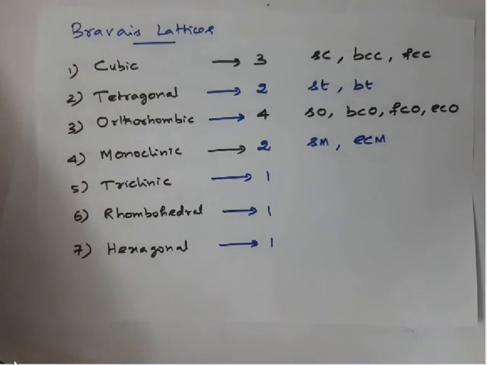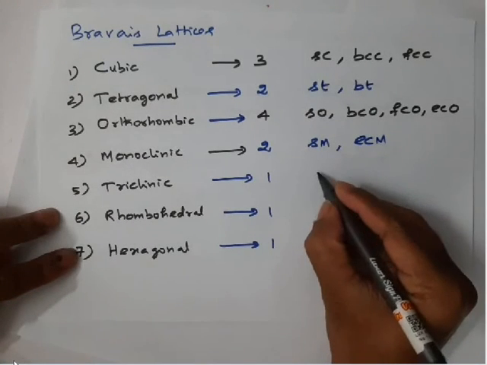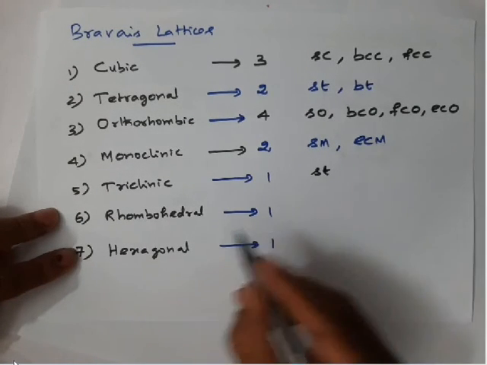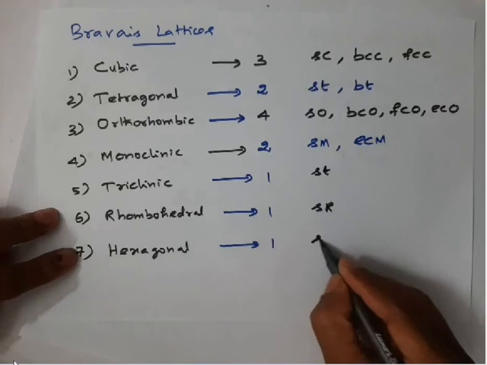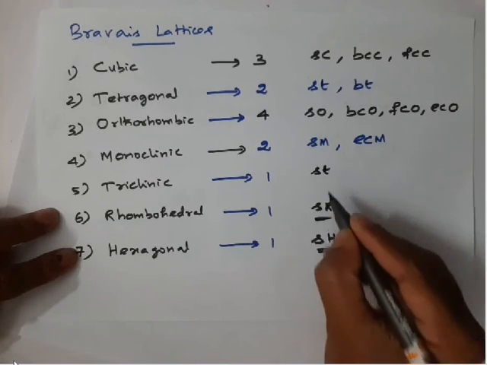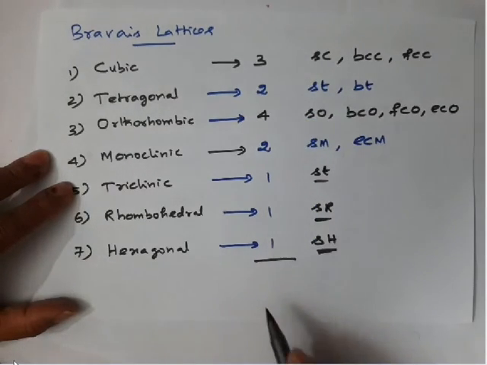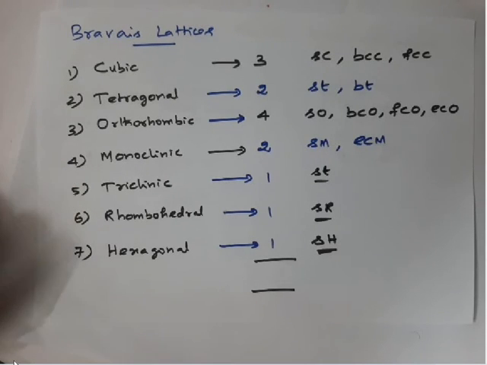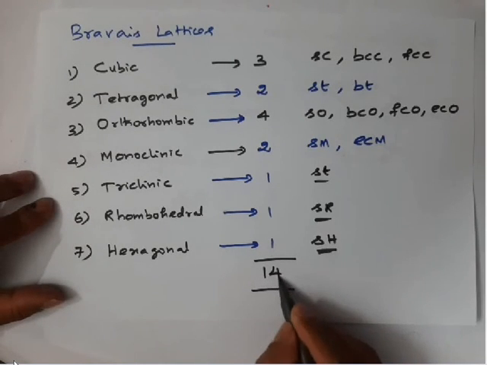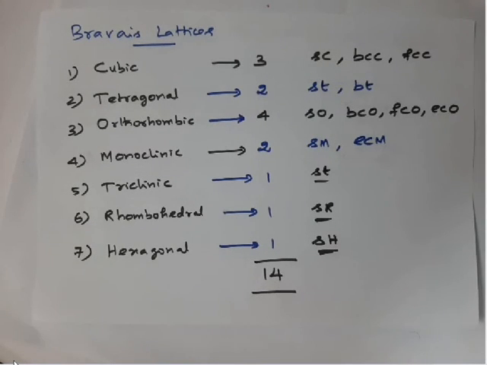In triclinic, the one present is called simple triclinic, here simple rhombohedral, here simple hexagonal. So what is the total, students? Just add these. 14. Yes, these are the 14 different types of unit cells that exist in nature. Whatever crystal you take in nature, it must belong to one of these 14 types.